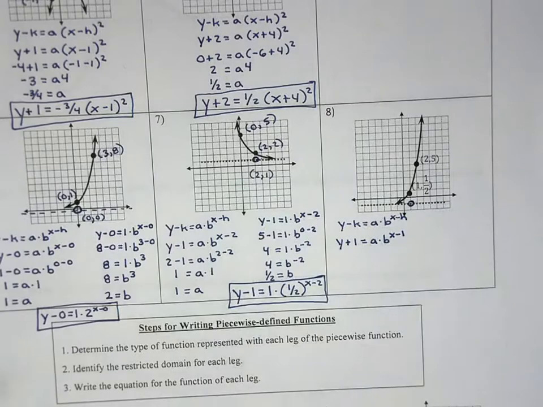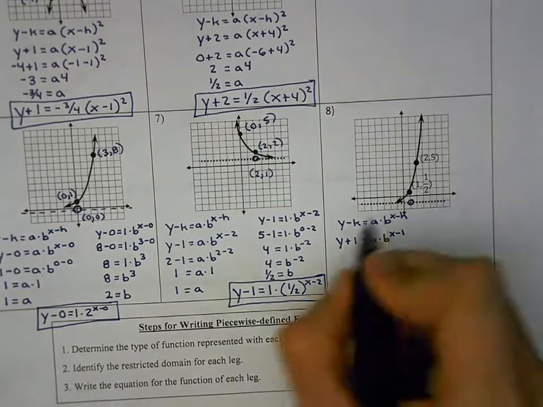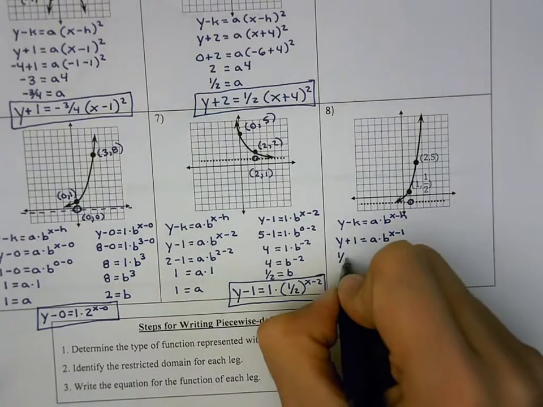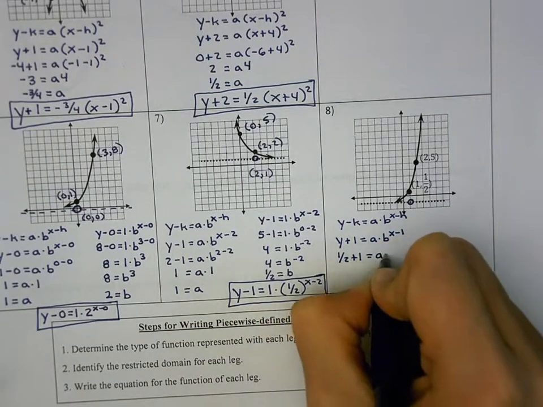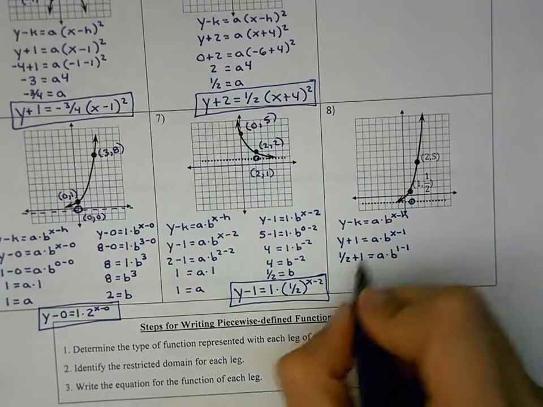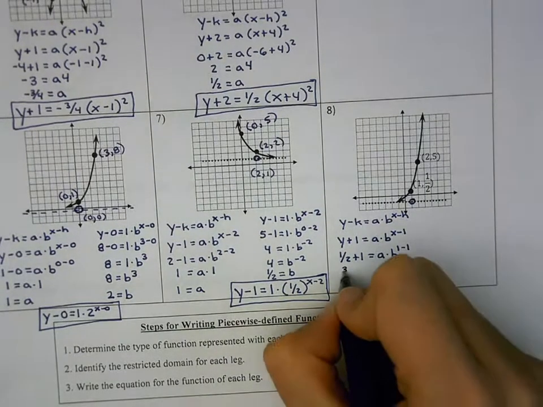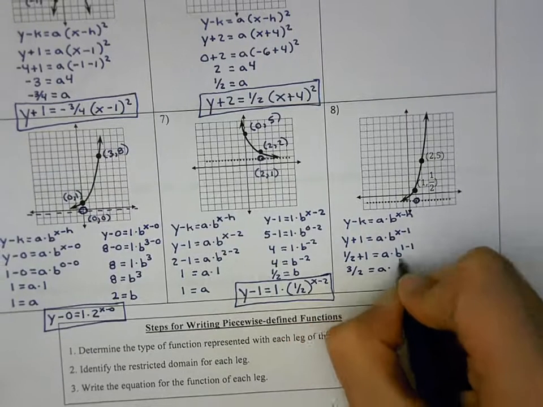Okay, then go ahead and take a moment, use one point to solve for a. So use our 1 and our half here to solve for a. 1/2 plus 1 is either 1.5 or 3/2, whichever one you prefer. B to the 0 is 1.